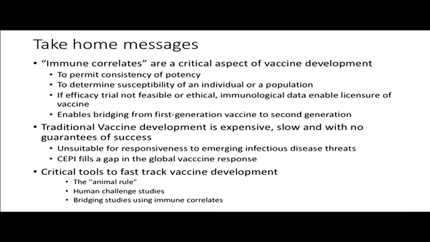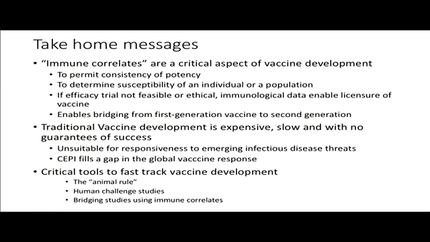Told you about human challenge studies, a really growing field to enable us to understand disease pathogenesis, but also mostly to try and, most of the time, down-select vaccine candidates so that we don't spend lots of money and time on poor vaccines that are not going to work in large studies.